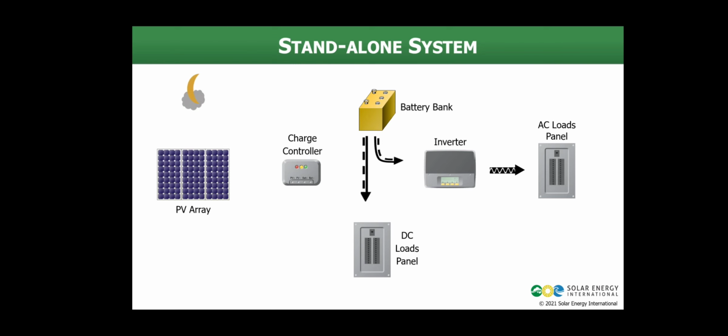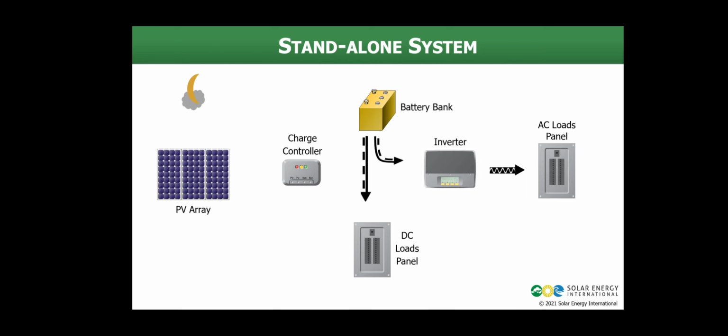A standalone system has to be properly designed to provide enough power for the intended use so that the user doesn't run out of power during the night or during prolonged periods of cloudy days. So the slide shows a very simplified power flow diagram of what a standalone system looks like at night.